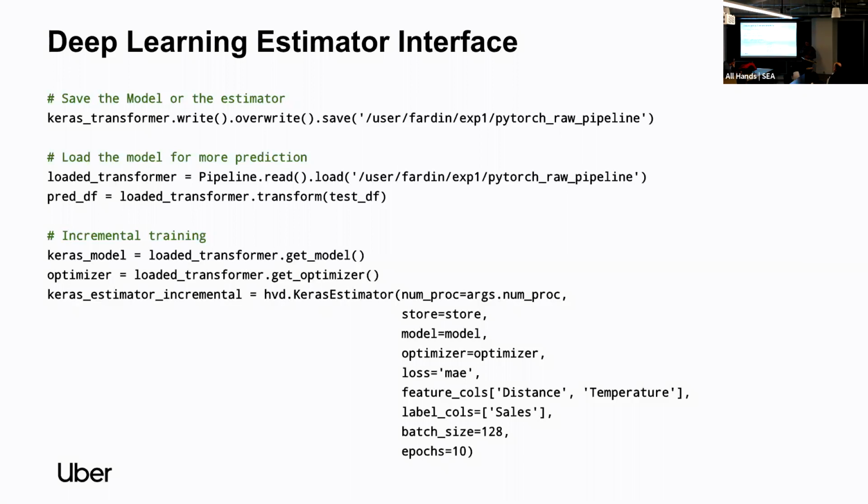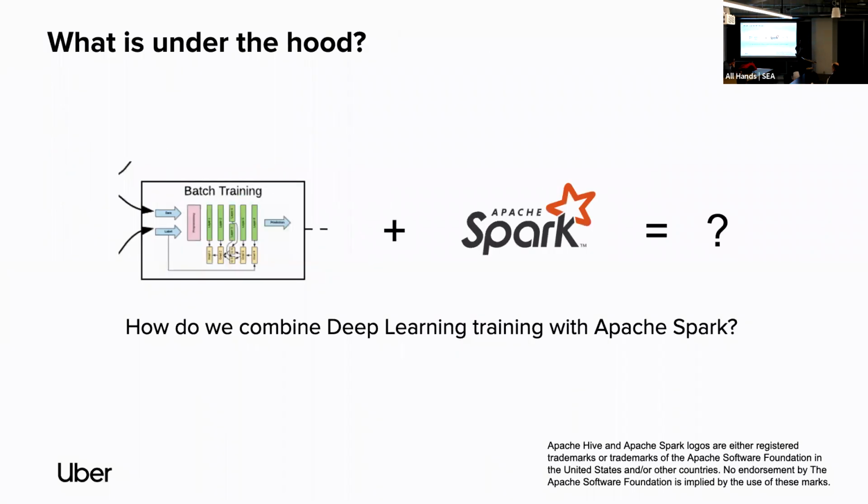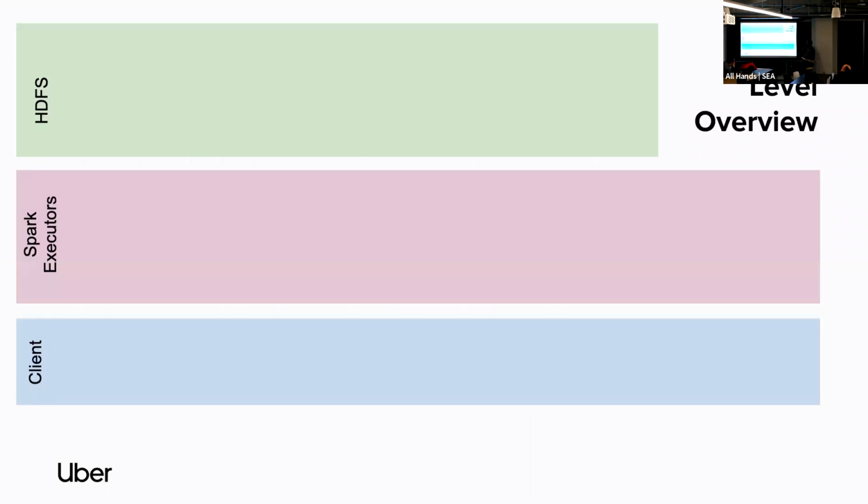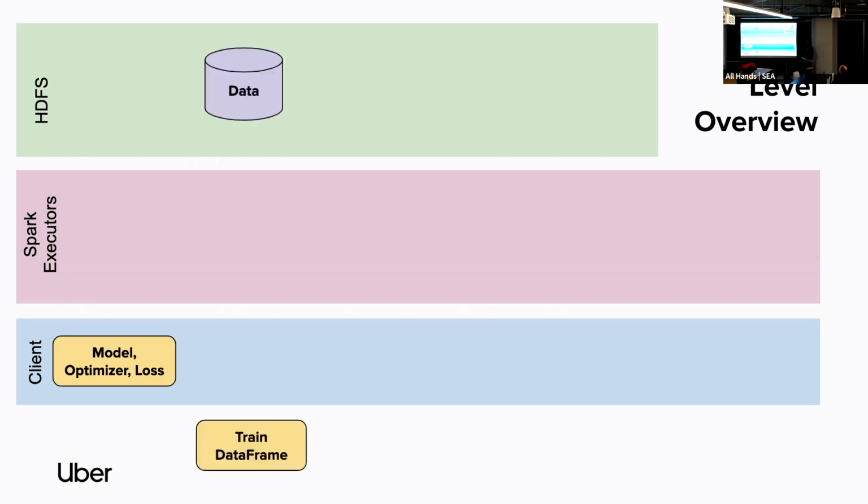See, time, I have 10 more minutes. So a little bit briefly, what is under the hood? So basically, you initially have your model, optimizer function that you want to use and your loss function. You have your data that's on your HDFS, and you basically load that data as a Spark data frame, right? You instantiate an estimator with the parameters, and you have an estimator object.